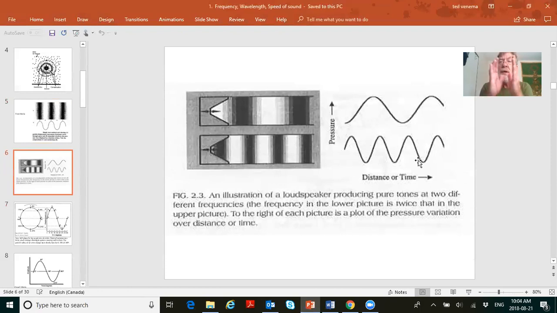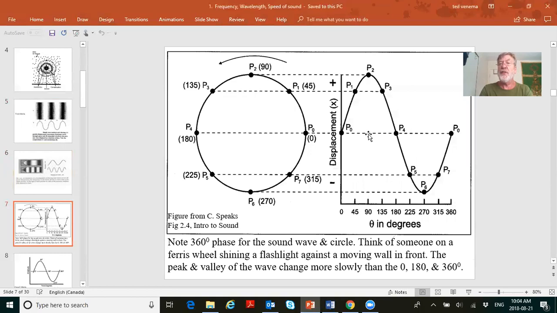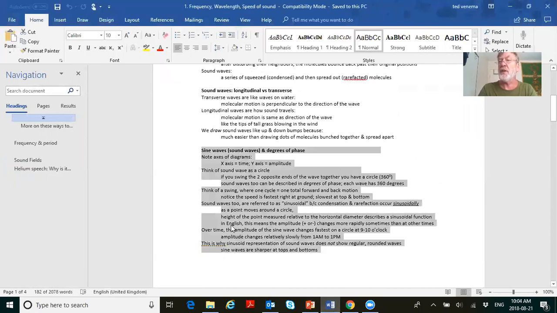The more compression rarefactions you have per second, the higher the frequency, the higher the pitch, okay? The fewer wavelengths you have per second, the lower the pitch. That's really important to understand. This isn't so important to understand. That's why I said this is really for nerds only.